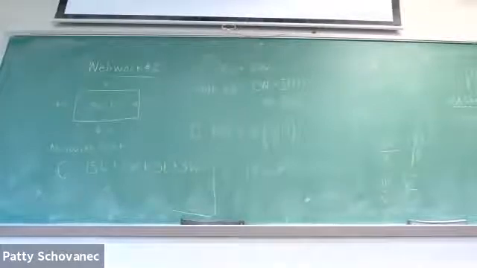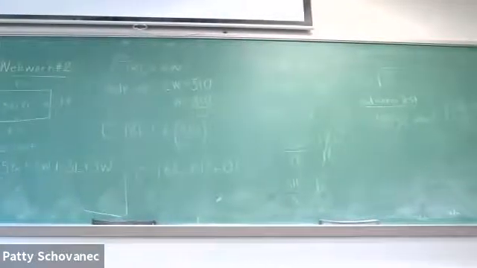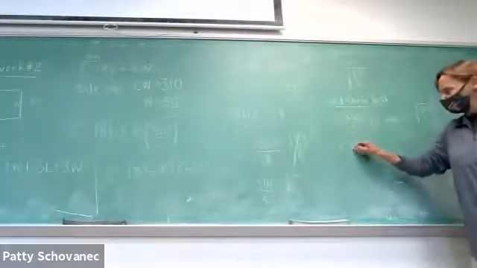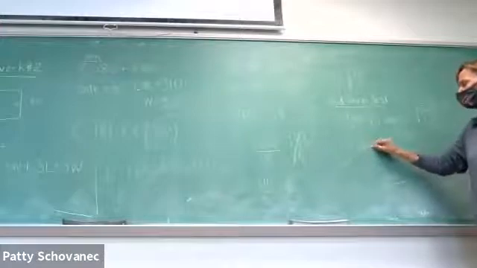So if the second derivative is positive, do we have a max or a min? Second derivative is positive. It's a min. That's what we wanted, right? So we have a min.